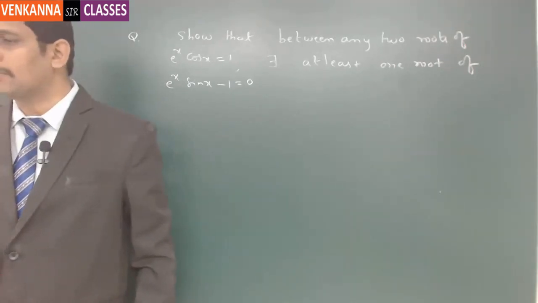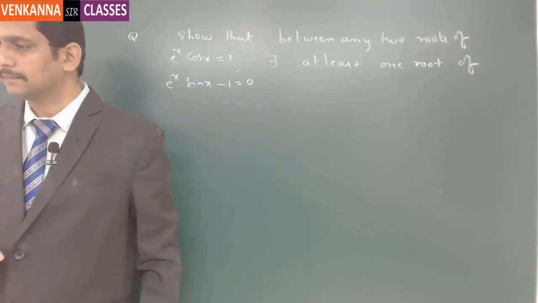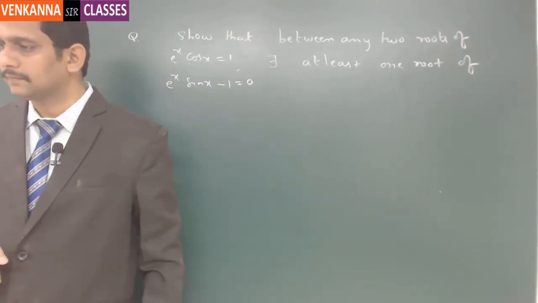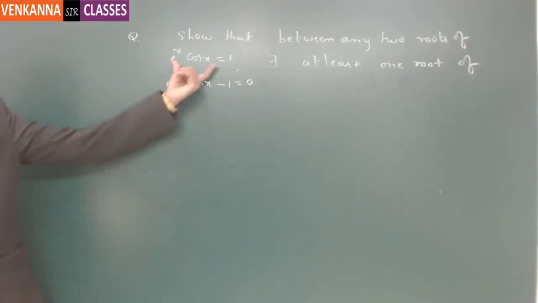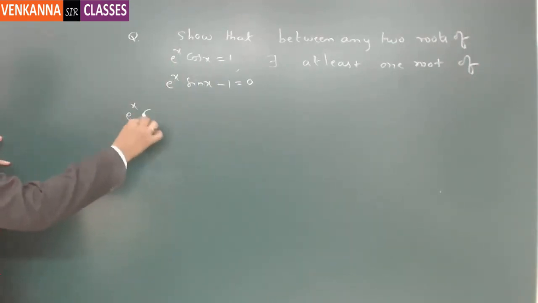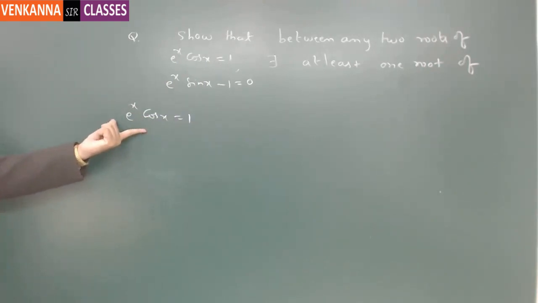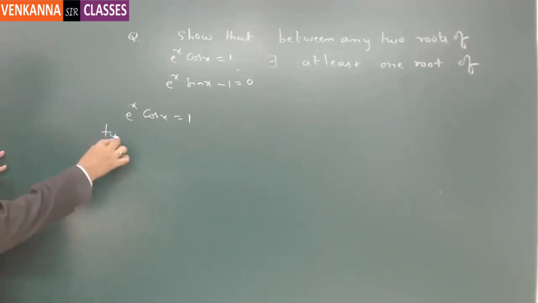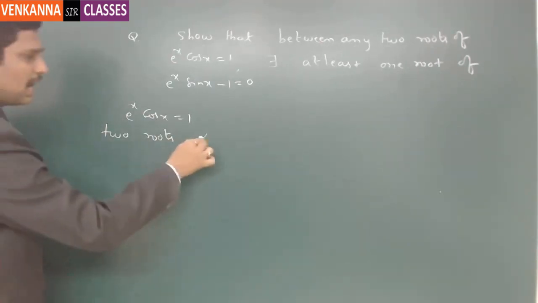What is given in the problem? In a simple manner, if you consider this equation, you may have so many roots, among which you consider two roots, say alpha and beta.